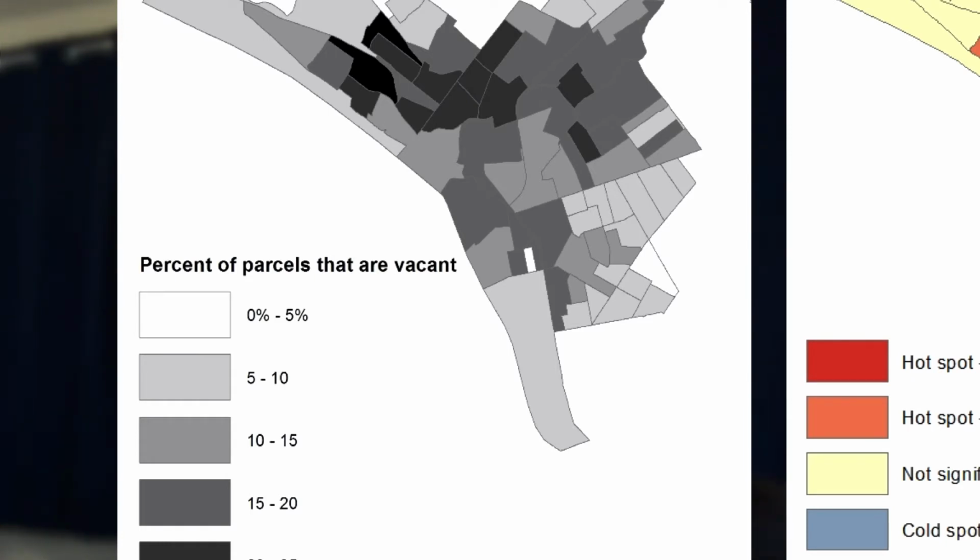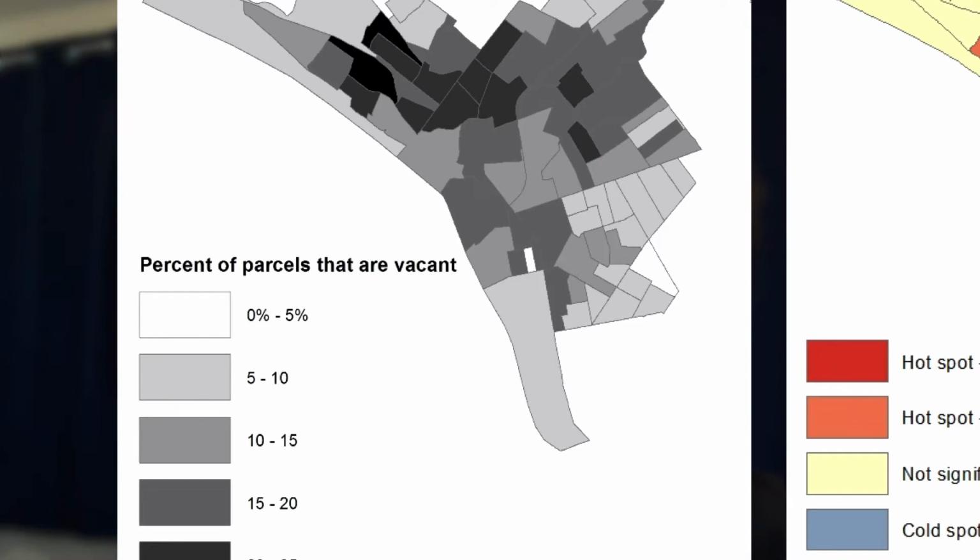We can look at that map and start to see some spatial patterns there. But this is descriptive in the sense that we're just describing the data set. We're not applying any of our advanced statistical tools to really get a good idea of, can we confidently say that certain parts of this city are more vacant than others.